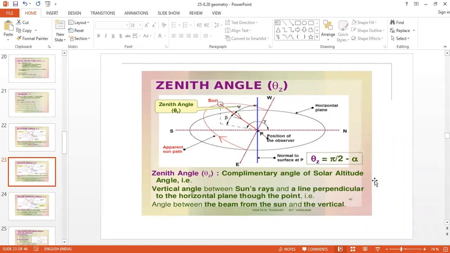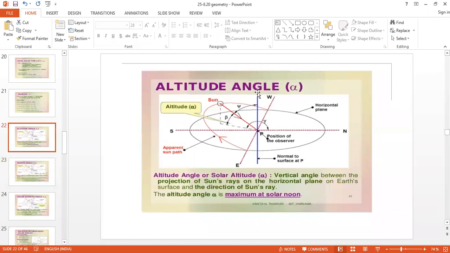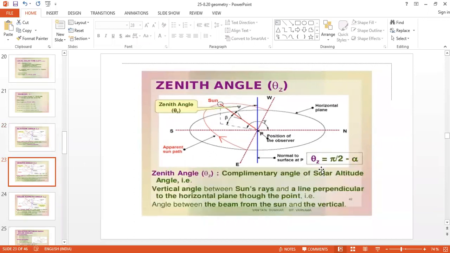Solar altitude angle. So the formula for zenith angle is theta z equal to pi by 2 minus alpha, where alpha is the altitude angle.